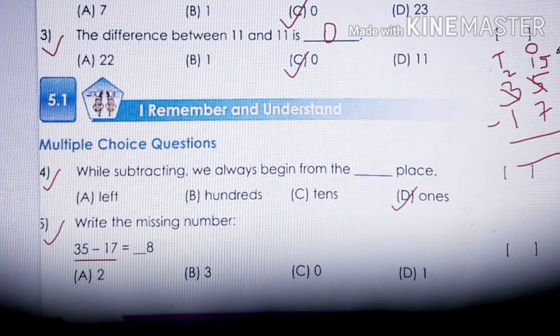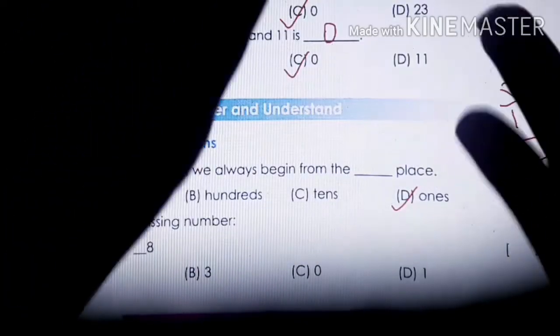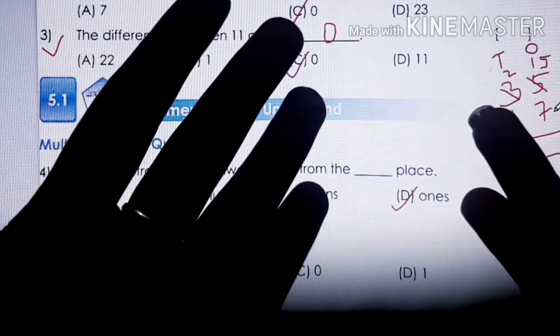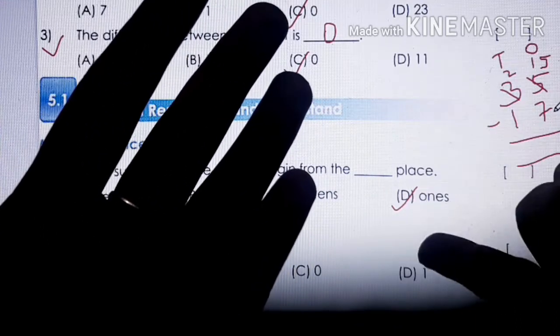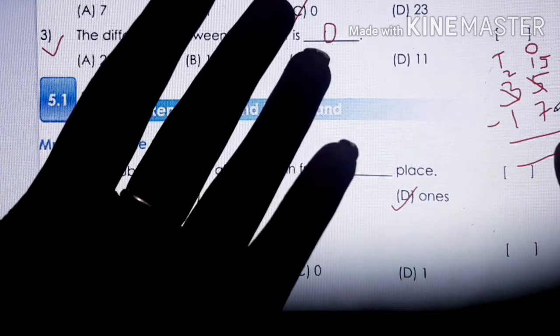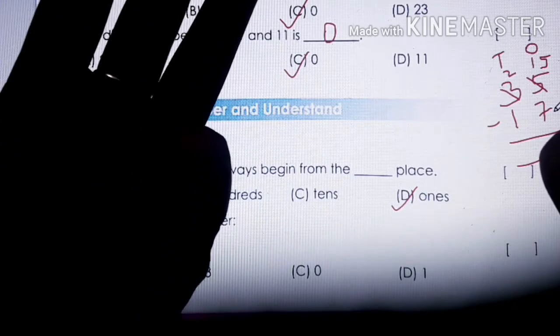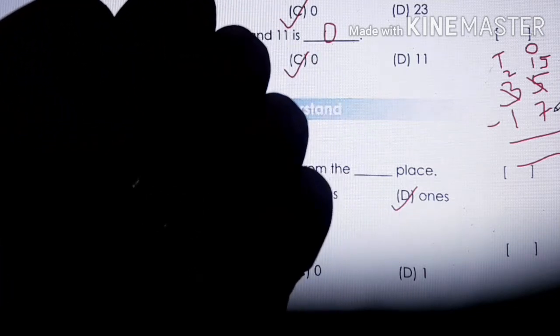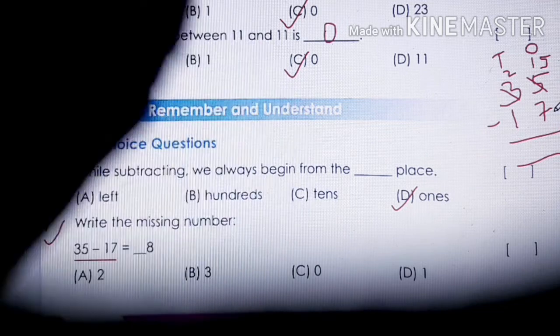Okay. So 15 minus 7, children. Keep 15 in your mind. Open 7 fingers. Now let's do backward counting. Before 15, what comes? 14, 13, then 12, 11, 10, 9, 8. So where have we stopped, children? On the number 8.